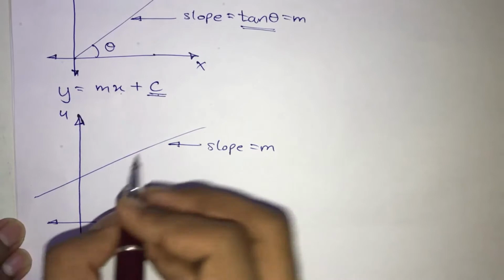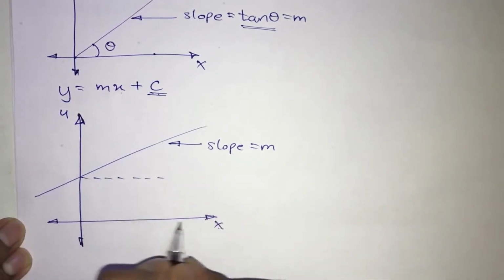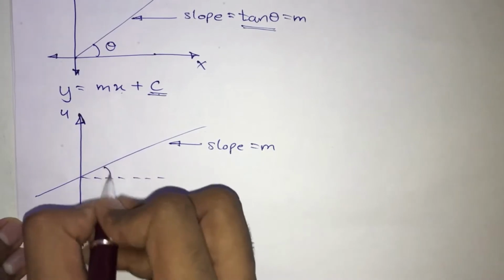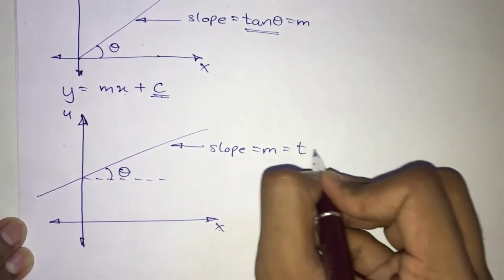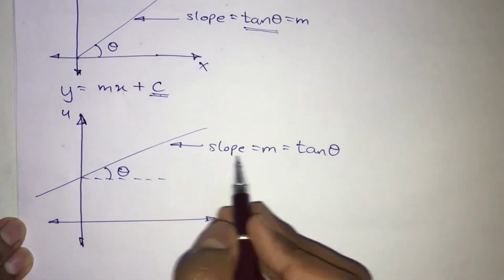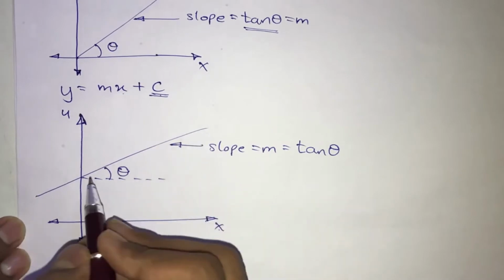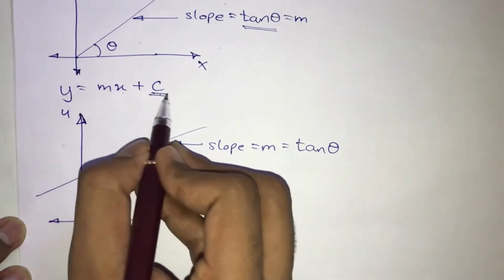For that you need to draw a dotted line which is parallel to the x-axis, and this angle theta is used to find your slope. So if you find the tan of this angle, you will get the slope of this line which is cutting the y-axis. Okay, now what is this c?